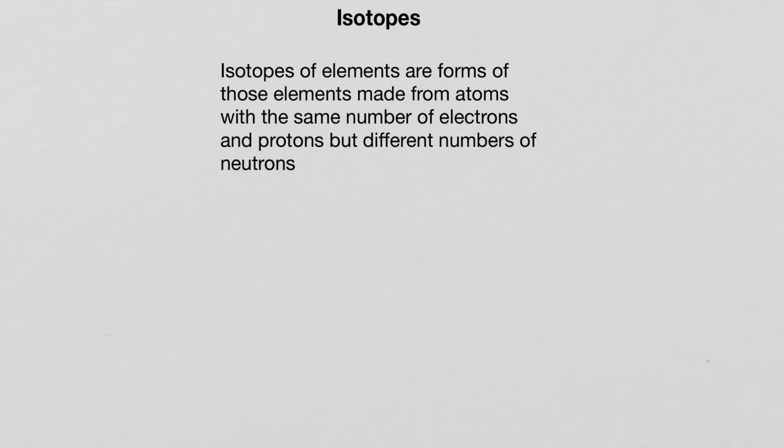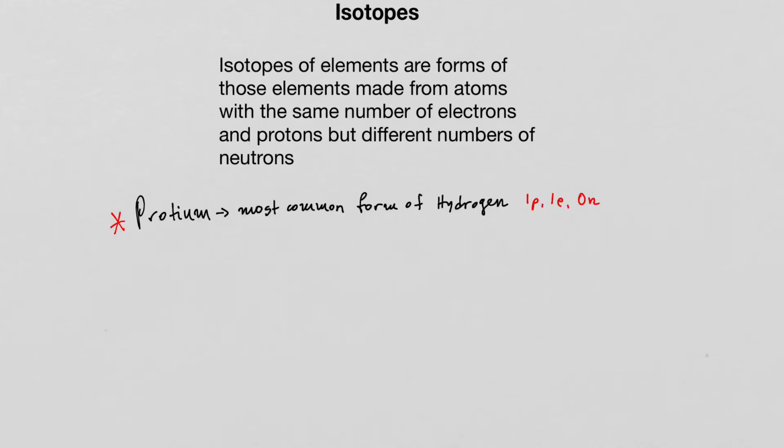Let me give you several examples of isotopes of known elements. First, we have protium, which is the most common form of hydrogen, and this has 1 proton, 1 electron, and 0 neutrons. And when we talk about hydrogen in general, we refer to that form, and so we write this as H2.